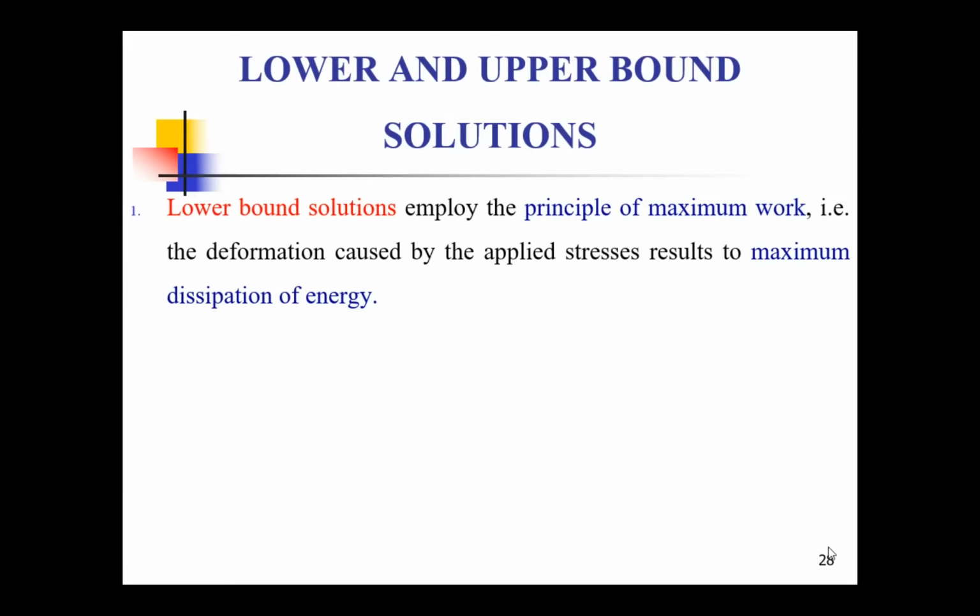The lower bound solutions employ the principle of maximum work, that is maximum dissipation of energy, because the material will be removed by pure deformation. The deformation occurs because of the applied stresses. Because of the deformation, maximum energy will be dissipated, so maximum work is done to dissipate that energy.